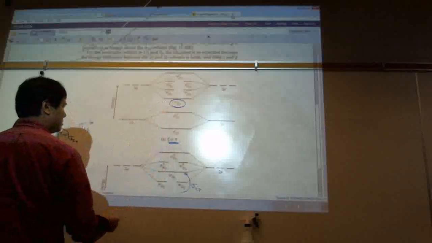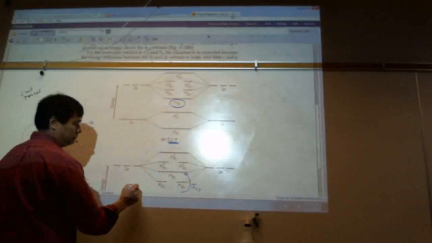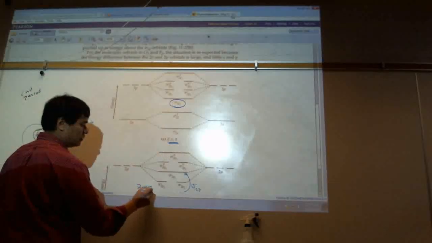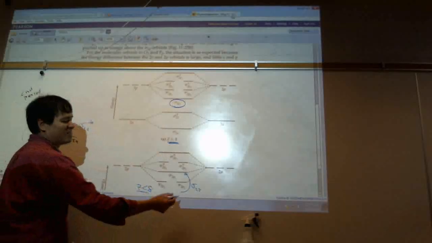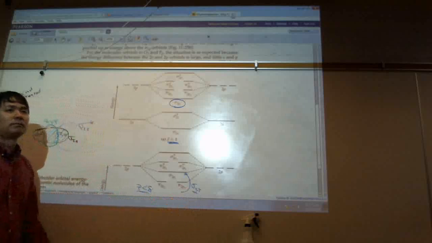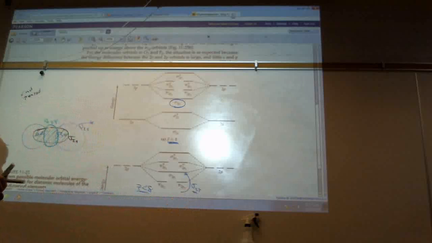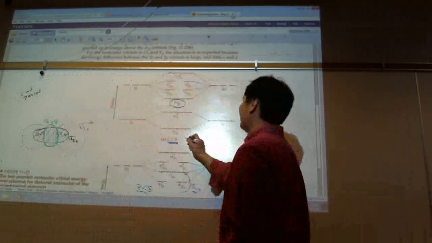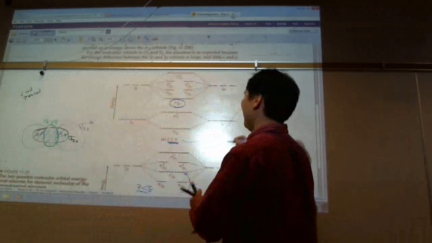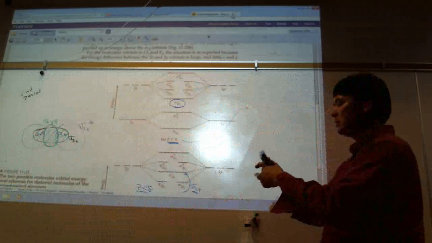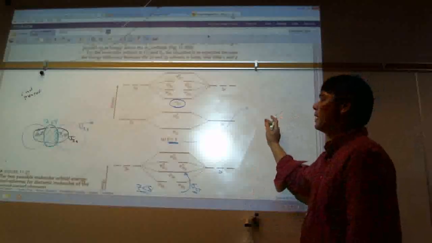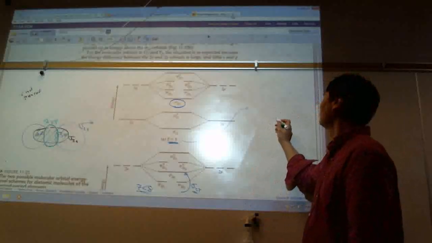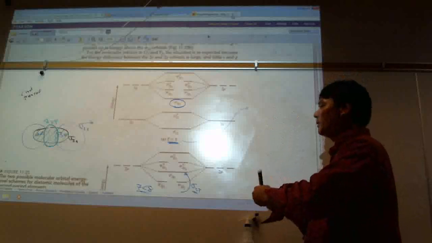But if Z is less than 8, then something happens with the sigma 2p here. And so this is what's happening. When Z is greater than 8, which one's more penetrating, a 2s or a 2p? 2s is more penetrating.